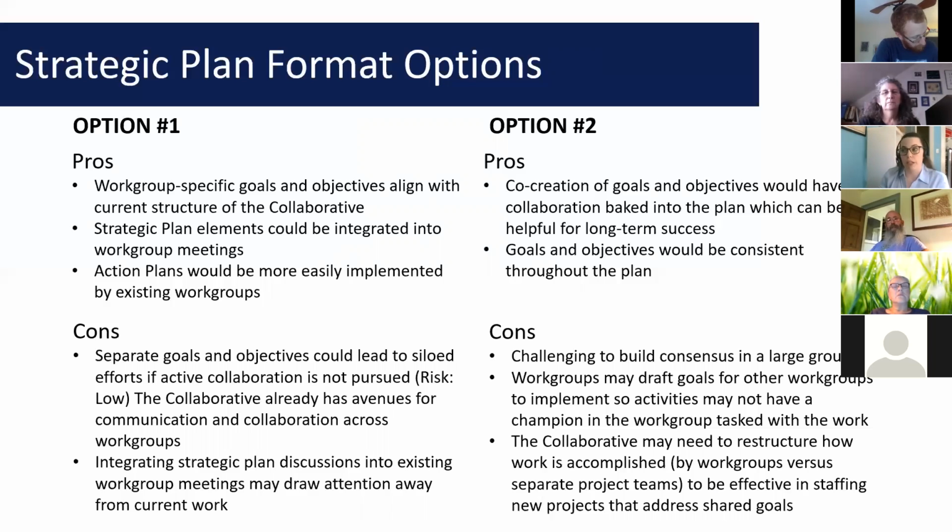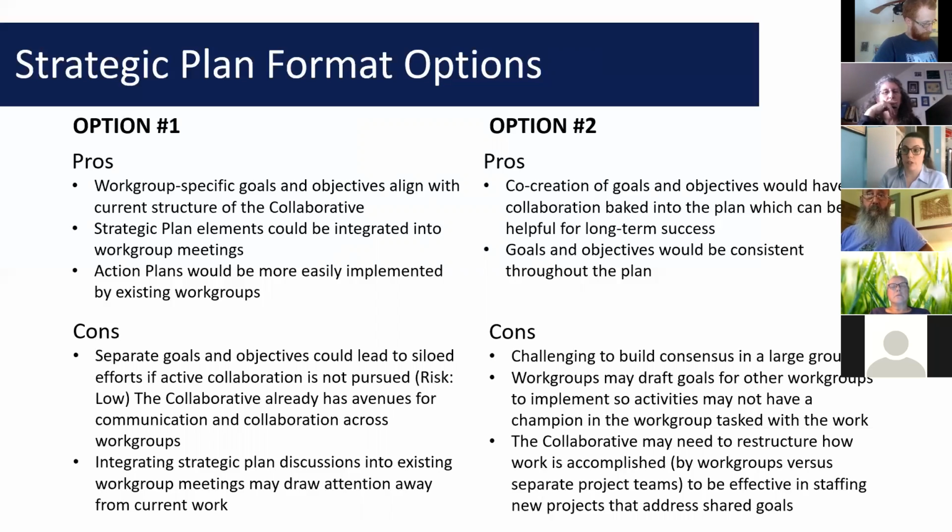The strategic plan elements could be integrated into work plan meetings, and using some of those technologies for getting written input, running polls, things like that could be done at the work group level, which is a more manageable size of people to reach consensus and discussion. And then the action plans would be more easily implemented by the existing work groups, so continuing to conduct work predominantly the way that it's been so far.